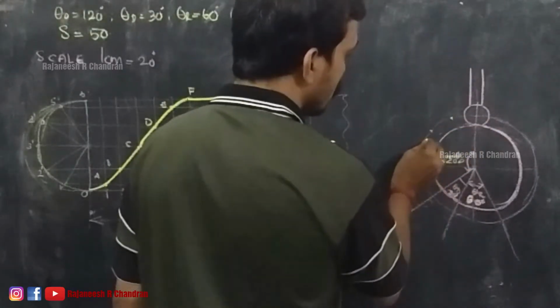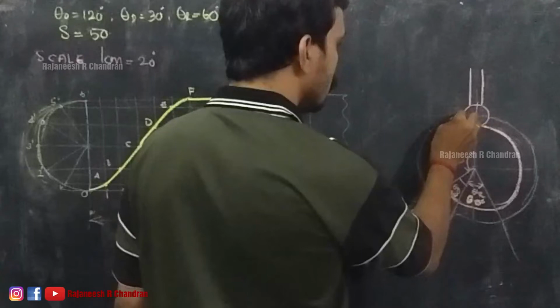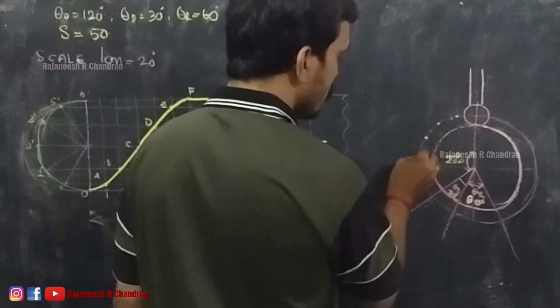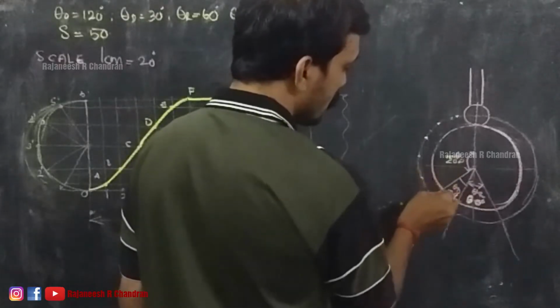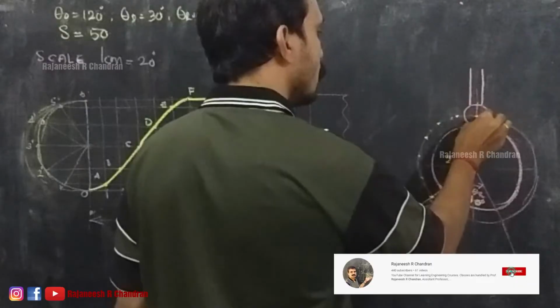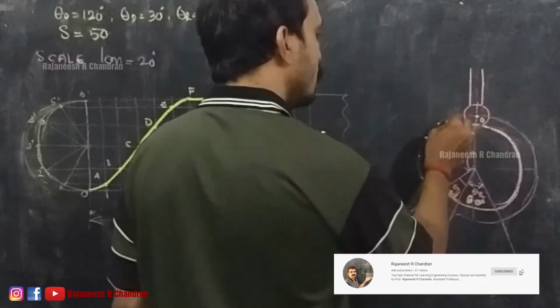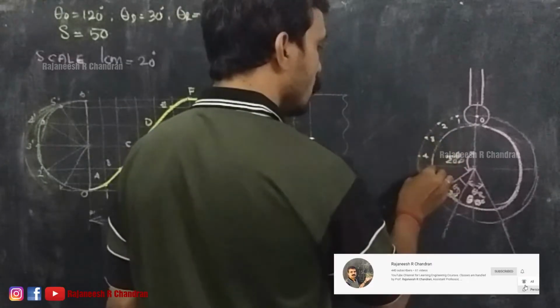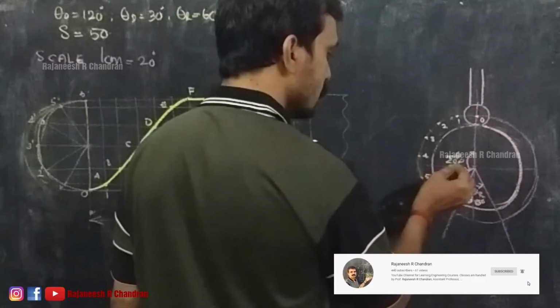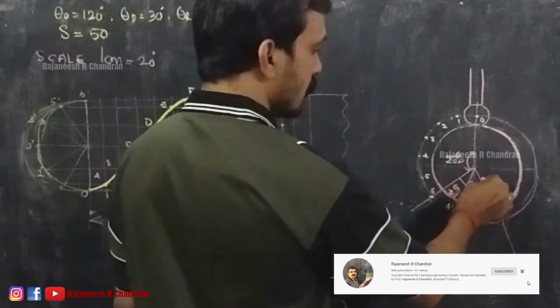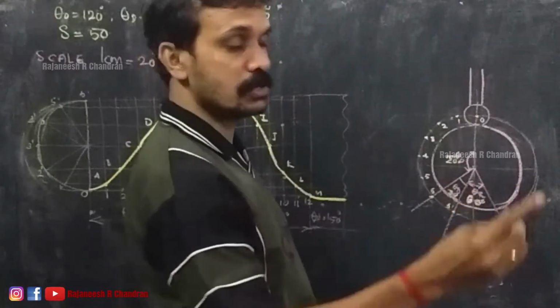So 20, 40, 60, 80, 100 and 120. Mark this point as 0, 1, 2, 3, 4, 5 and 6. This will be our 6 dash. Similarly, divide this 60 degree also into 6 equal parts.